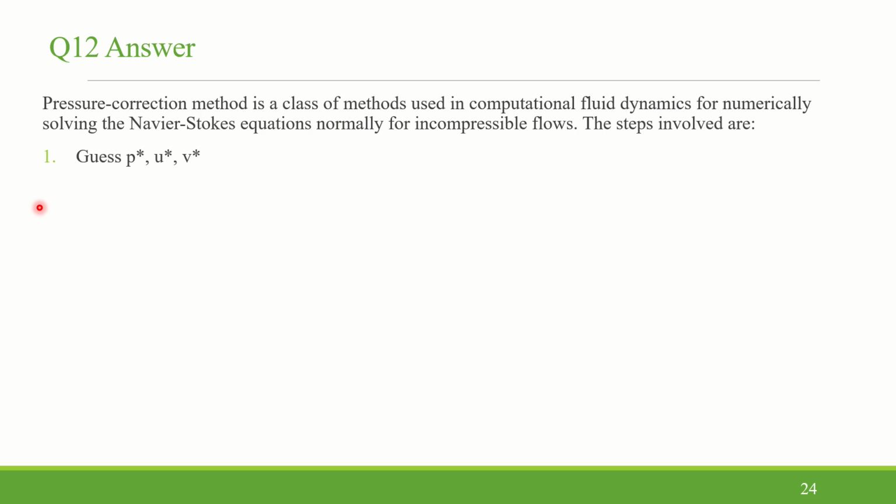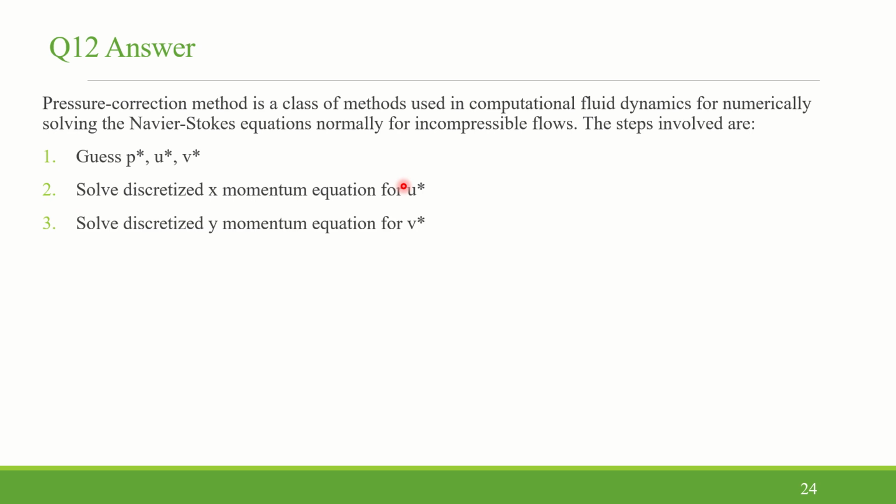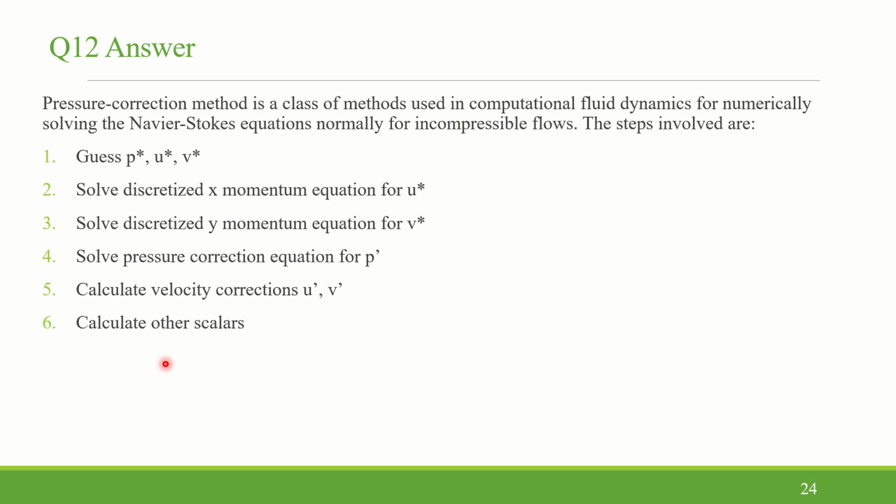First, we have initial guess values for pressure P star, U star and V star. Later we solve the discretized x momentum equation for U star, and similarly the discretized y momentum equation for V star. Then we solve the pressure correction equation to get P dash, and from P dash we calculate the velocity corrections U dash and V dash, and other scalars involved in the system.